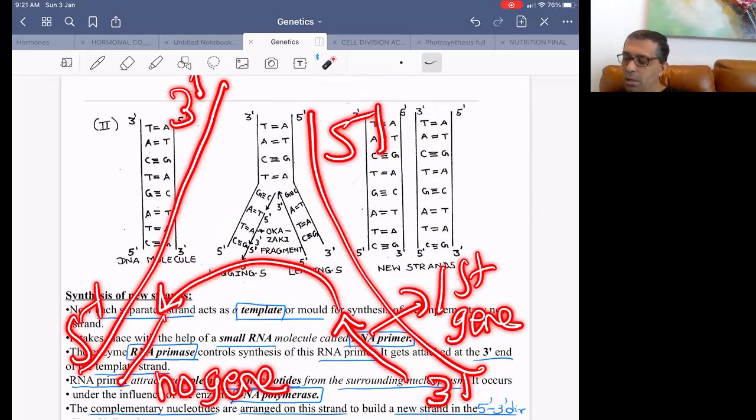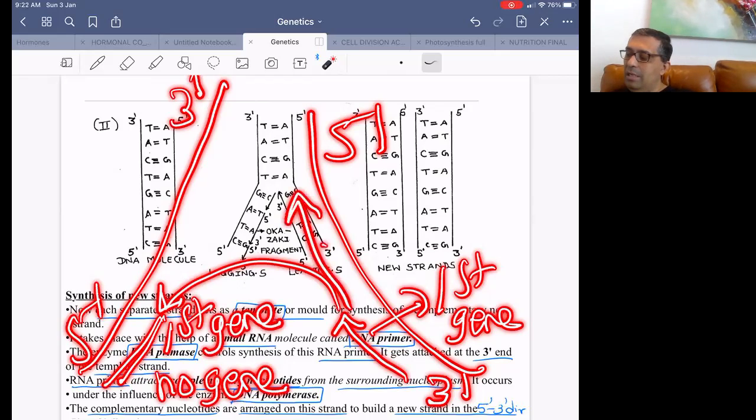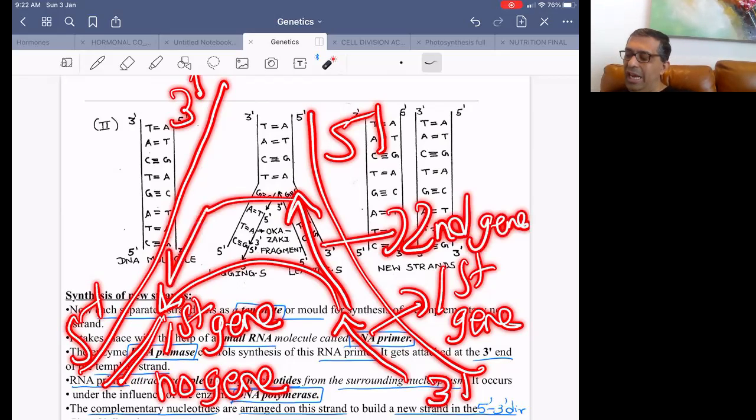Now, U-turn. First gene, simultaneously second gene. Second gene, simultaneously third gene.